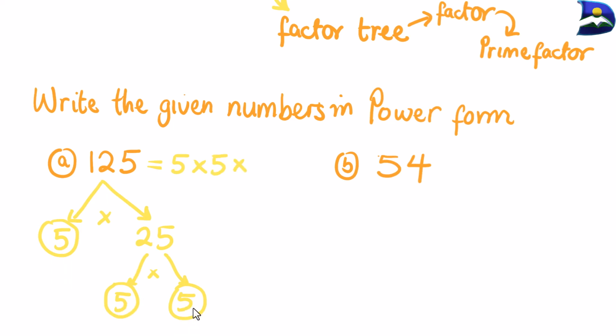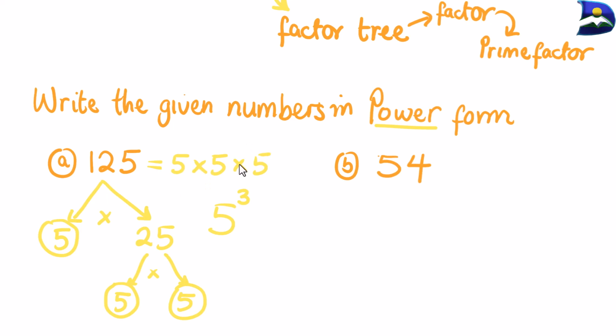And so what that is equal to, because remember the question says you want it in power form, is you have what numbers are repeating that are multiplied together. In this case, we have 5 that is repeating, and how many 5s are you multiplying together? That means I have 1, 2, 3, and that means my exponent is going to be my 3.